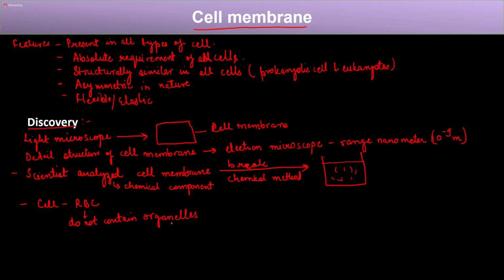Now you will ask, so what difference does it make? If you remember, I said that a cell has an outer boundary, which is made up of something. The cell also has internal components or subcompartments, and these subcompartments also have a membrane, either single or double.